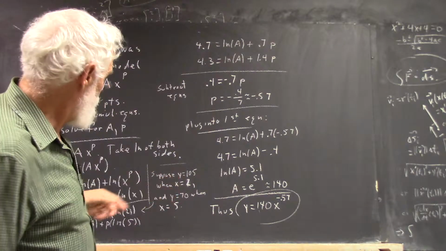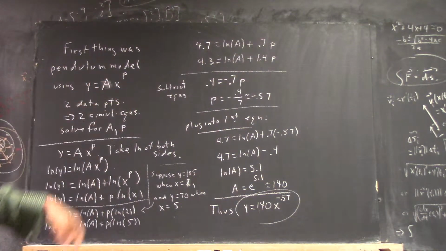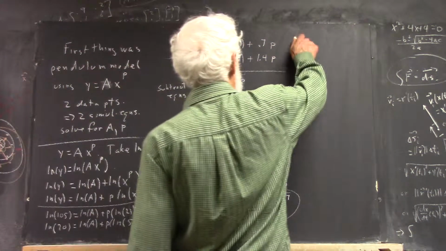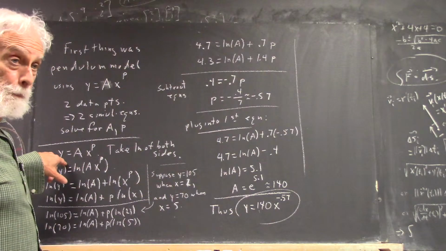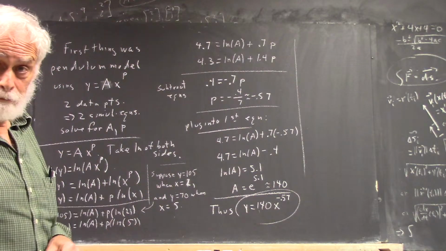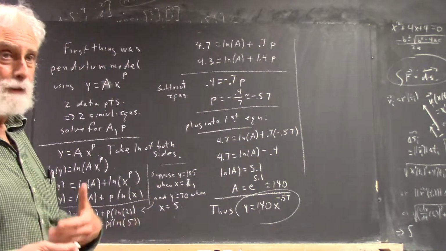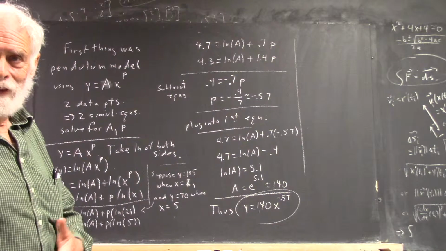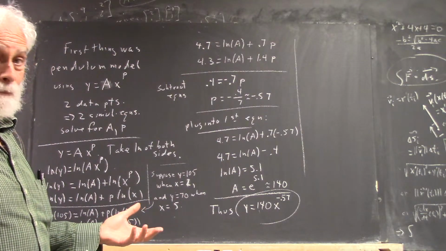Now, another advantage, of course, is that these equations are easier to solve than the equations we would get if we plug this data into this form without taking the natural log. It wouldn't matter what log we took. It doesn't have to be natural log, but since it's on your calculator, either the natural log or the LOG log is fine. Okay?